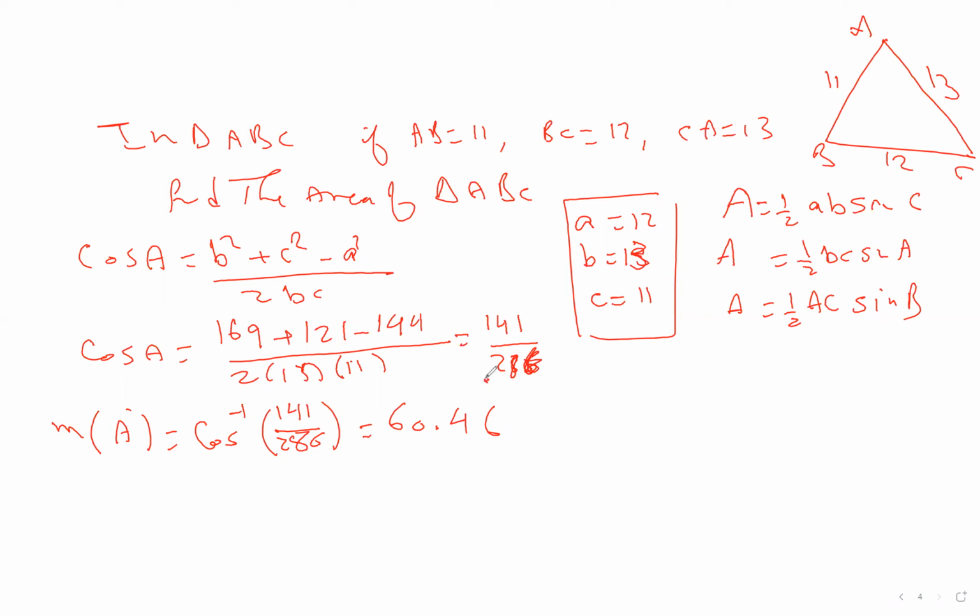Then you can find the area of the triangle, which equals half times the product of any two sides times the sine of the included angle. You have the measure of angle A, then you have to use the sides around angle A, which are 11 and 13. So half times 11 times 13 times sine of this angle, which is 60.46.